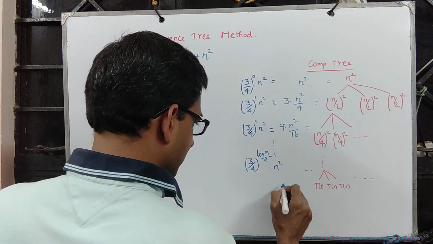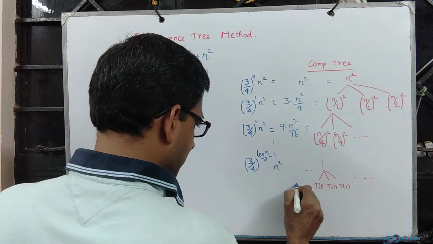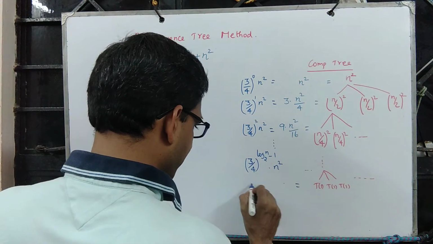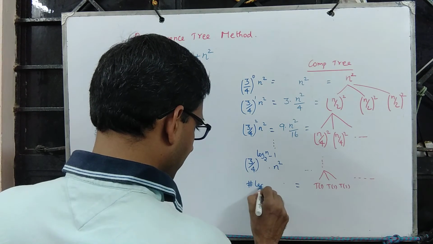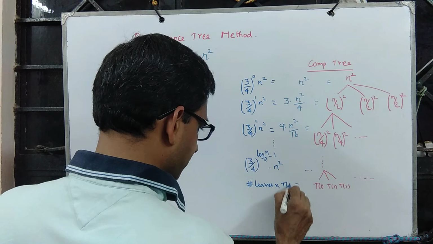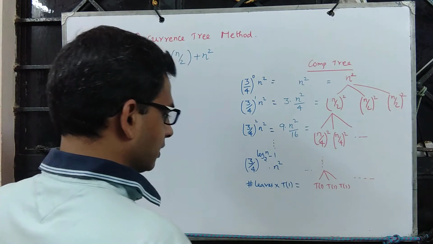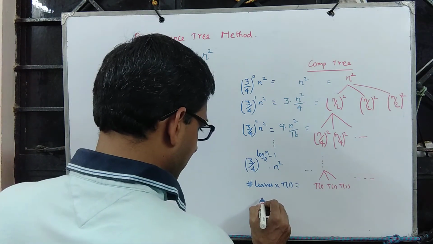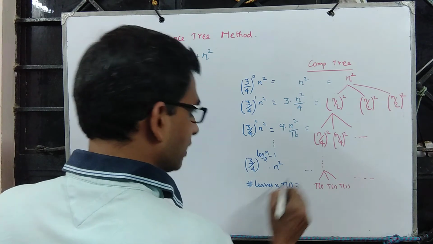At the last level, it is the number of leaves times the cost. Correct? How many leaves are there? Just now we have seen.